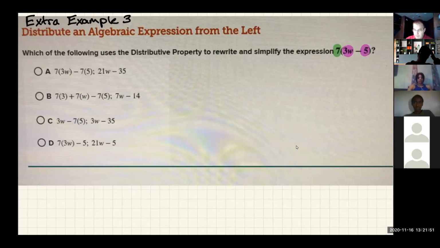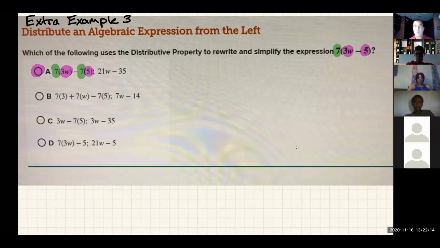But anyway, that means I need to see 2 terms, both of them being multiplied by a 7. And it just so happens here is 7 times that first term and 7 times the second term, 5. That right there is exactly what should be happening. And so I'm going to say that's the correct answer.